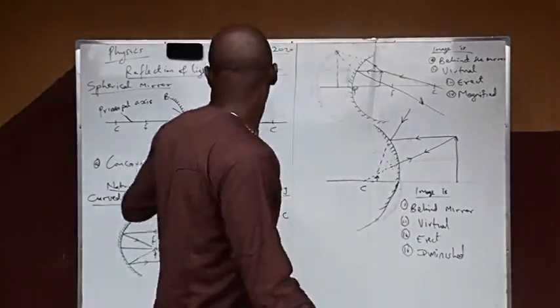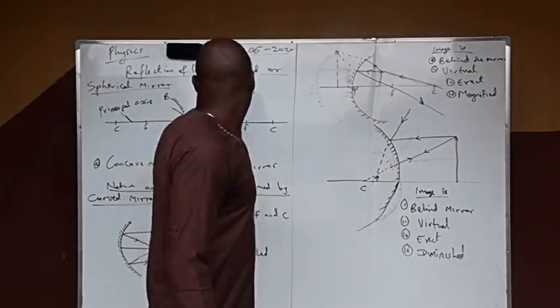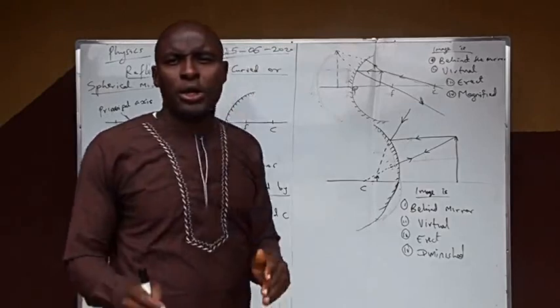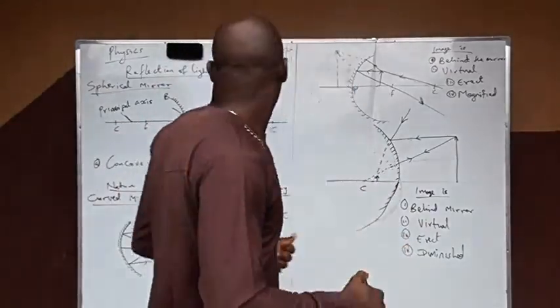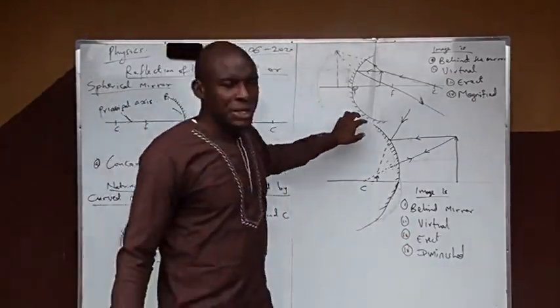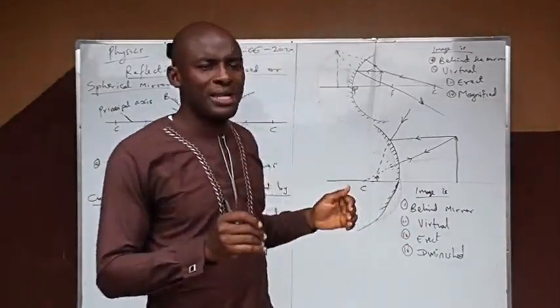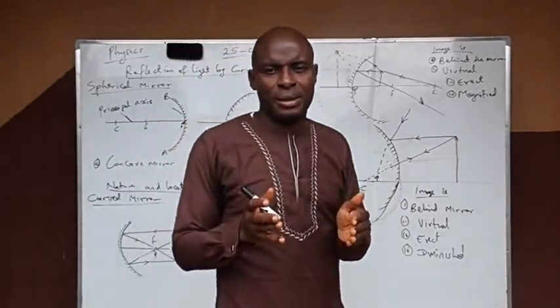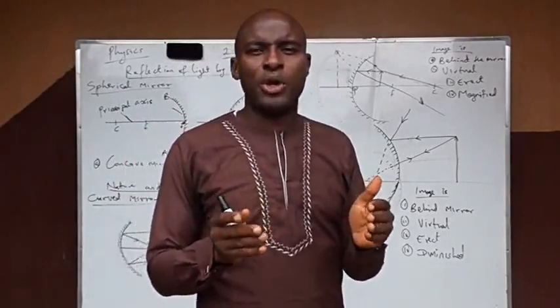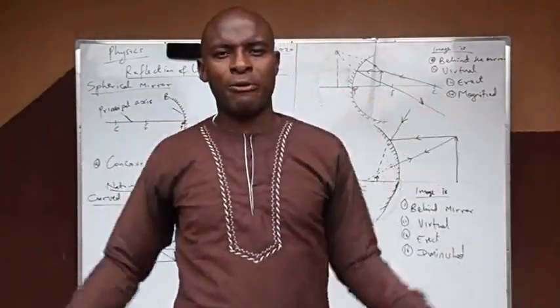Now, because of the importance of curved mirrors in our homes, like I said, if you look at the mirror of a vehicle, you can see that it is a convex mirror. Because it can see a very wide range, it has a very wide field of view.